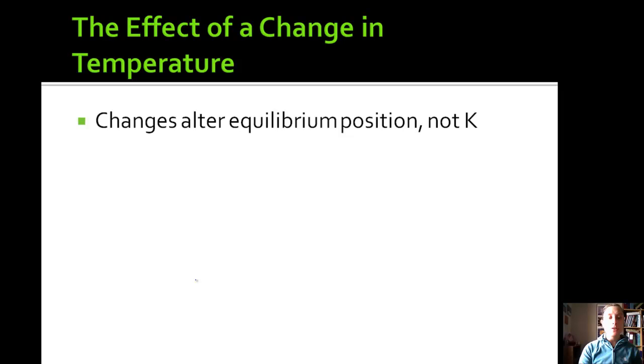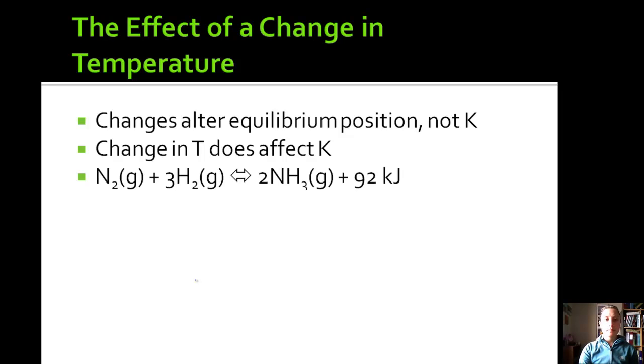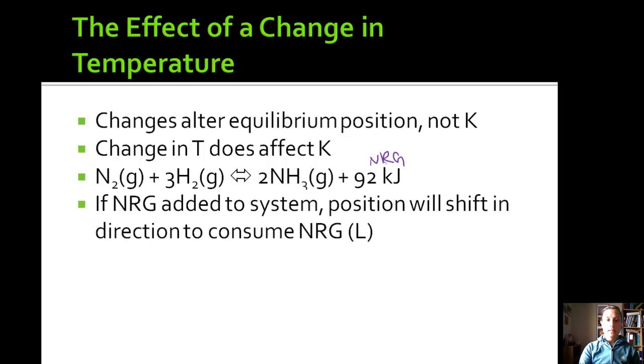All right, let's look at temperature. So all the changes that we've looked at so far alter the equilibrium position, but not the equilibrium constant. Okay? A change in temperature, however, does affect the equilibrium constant. So let's take a look at our ammonia equation again, except now we are adding energy. So here energy is a product.